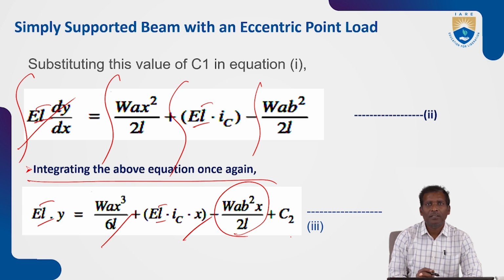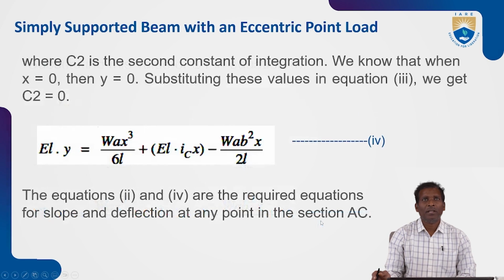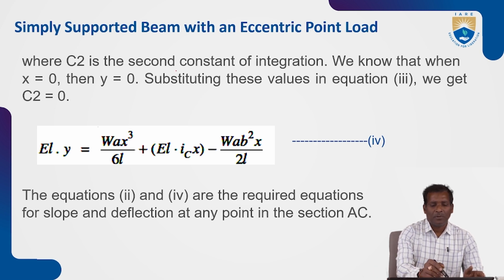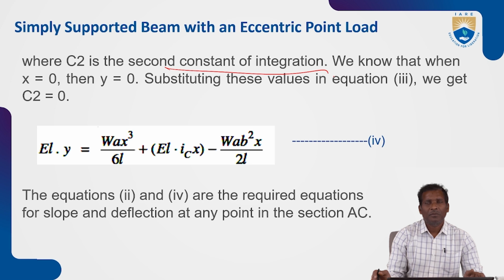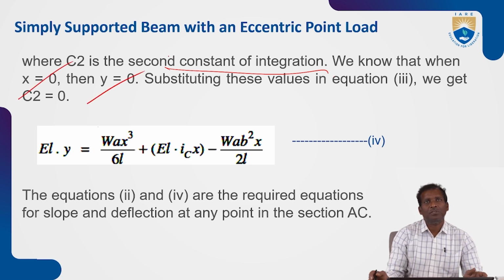Now find the C2 value by using boundary conditions. What are the boundary conditions here? C2 is the second constant of integration. We know that when X is equal to 0, Y is equal to 0.